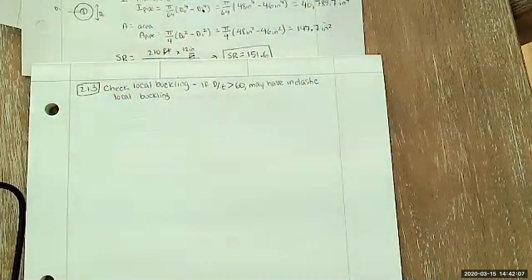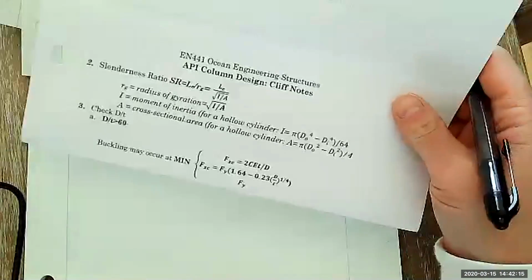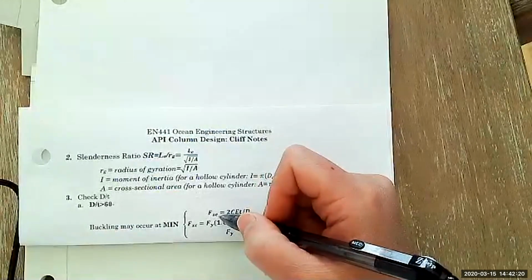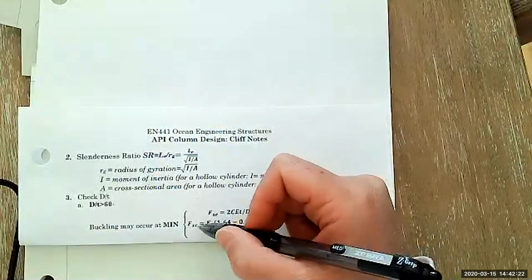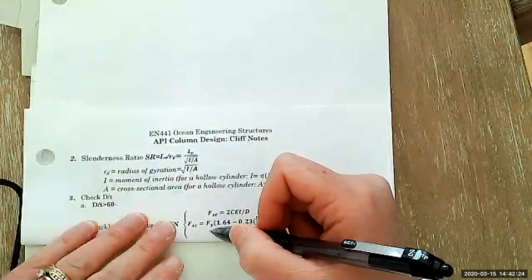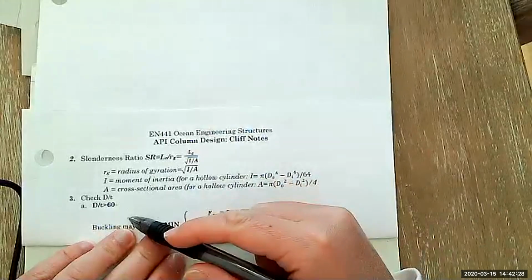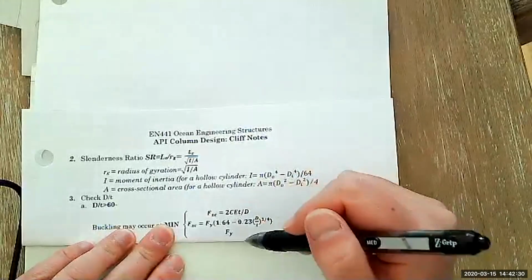If you have that, I'll just show this in the Cliff Notes. If you have D over T greater than 60, this is on page 2 of your Cliff Notes, then you have buckling that could occur at the minimum of F sub XE, which is our elastic local buckling stress, F sub XC, which is our inelastic local buckling stress, which is an issue when D over T is greater than 60, or our yield strength.